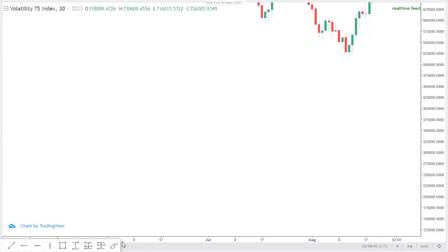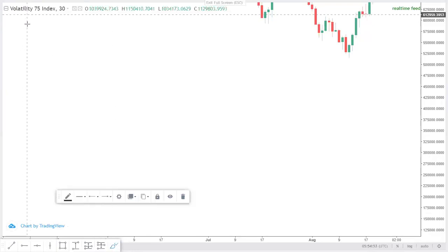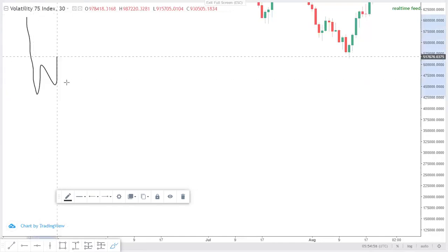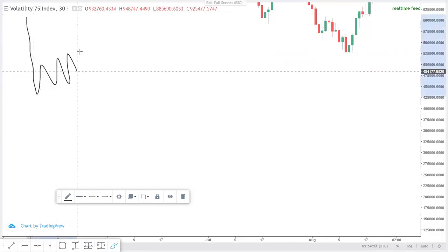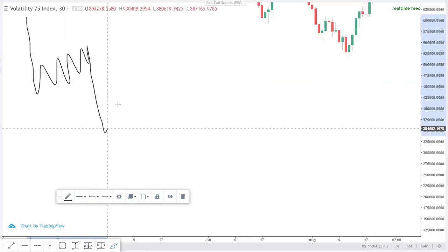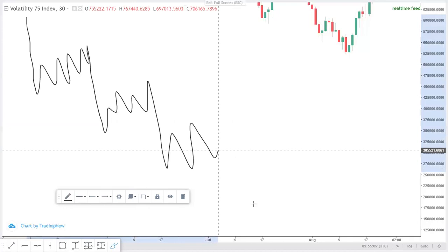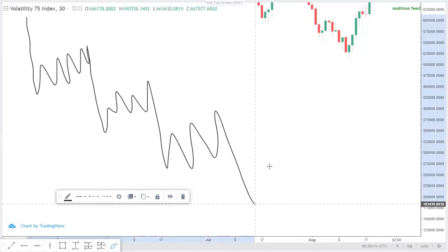So, getting straight to the basics, let's say the market is creating a downtrend, moving in a series of lower lows and lower highs. Most of the time when the market is in a trend, it creates an impulse, then a correction, then an impulse, then a correction.